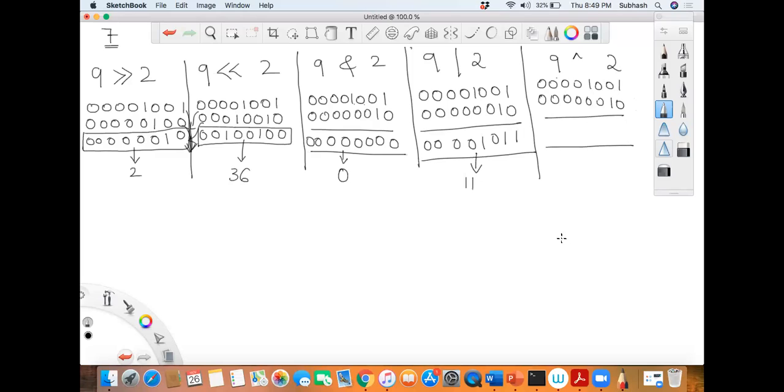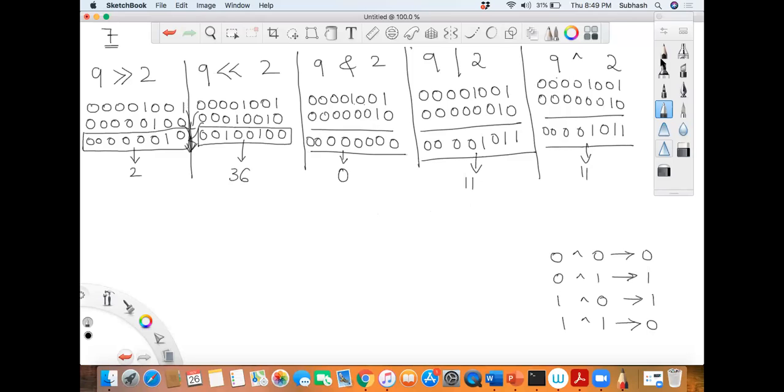Tell me the truth table for XOR, guys. 0 XOR 0, 0 XOR 1, 1 XOR 0, 1 XOR 1. 0 0 will be 0, 1 1 will be 0, 0 1 will be 1, 1 0 will be 1. So 1 0 is 1, 0 1 is 1, 0 0 is 0, 1 0 is 1, 0 0 0 0. Therefore this will result in 11 value. Is that okay?